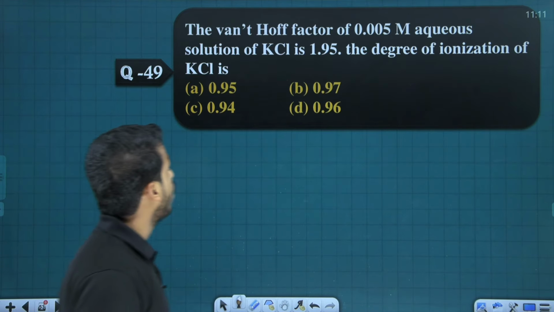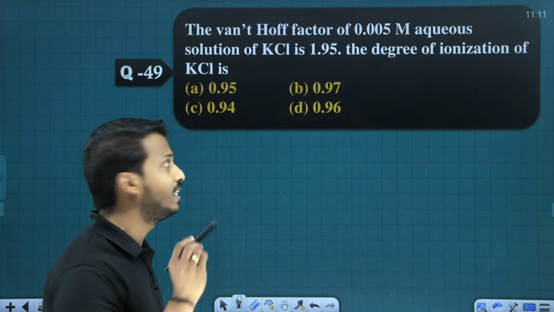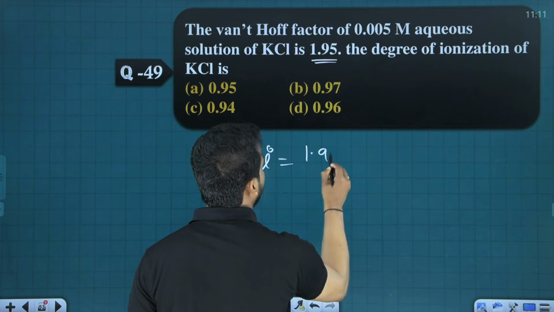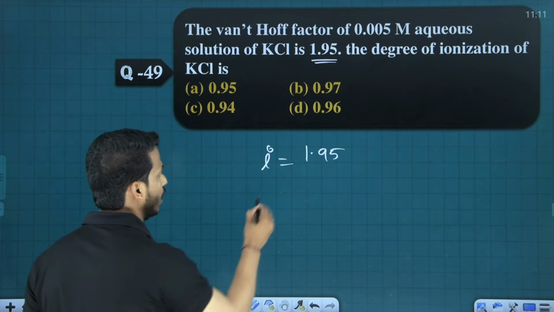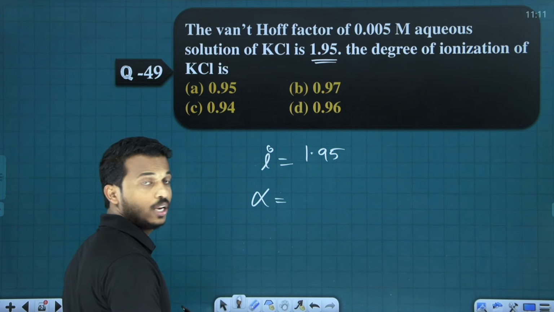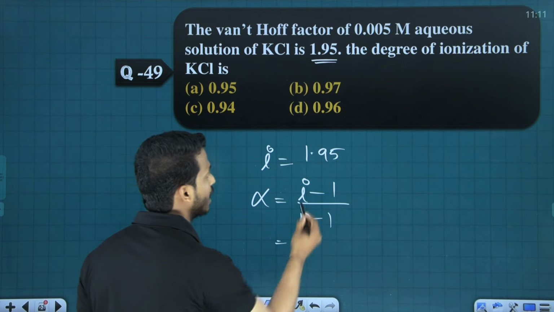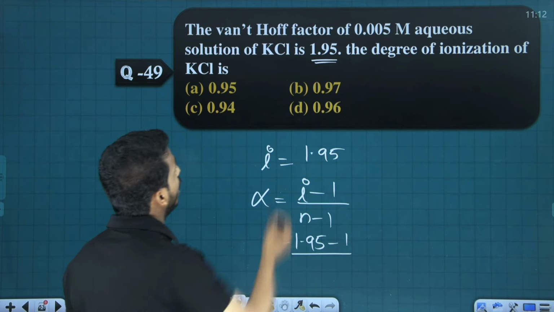And 49, the Van't Hoff factor of 0.05 molar aqueous solution of KCl is, see, the Van't Hoff factor is already given, 1.95. The degree of ionization, which means the degree of dissociation. See, alpha, how to calculate the degree of dissociation? (i minus 1)/(n minus 1). What is the i value? 1.95 minus 1. What is the n value for KCl?